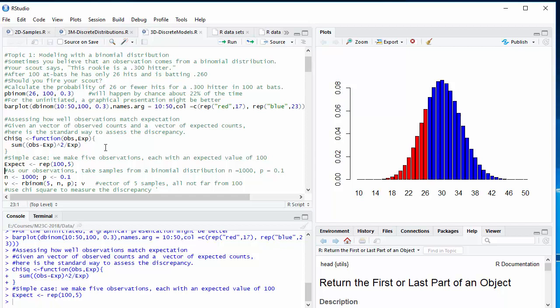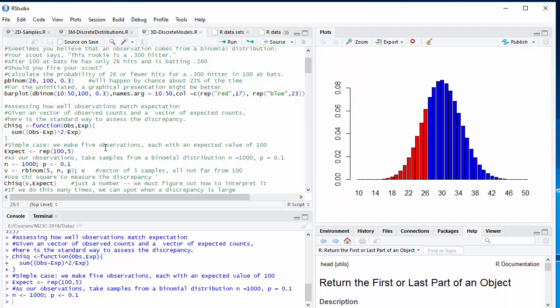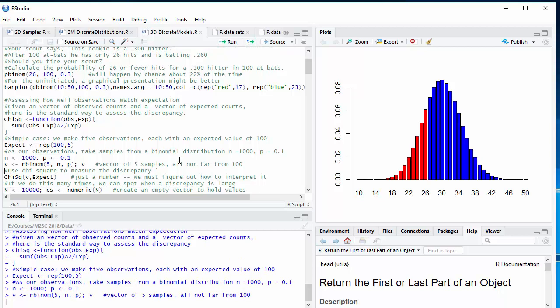So, in our case, we might make 5 observations of a binomial random variable, each with an expected value of 100. And for observations, we can take samples from a binomial distribution, 1,000 trials, probability 0.1 of success. That will give us an expectation of 100 successes.